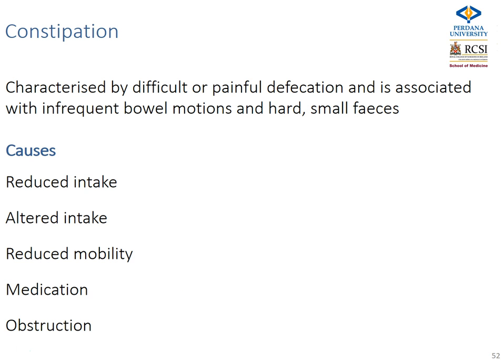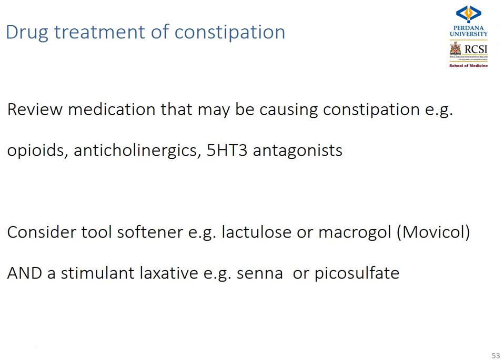Constipation should be interpreted in the light of, especially in end-of-life care, reduced intake, altered intake, reduced mobility, the effects of medication, and possibly underlying obstruction if there's an underlying gastrointestinal cancer. Review medication that could be contributing to constipation, such as opioids, anticholinergics, or 5-HT antagonists like ondansetron.